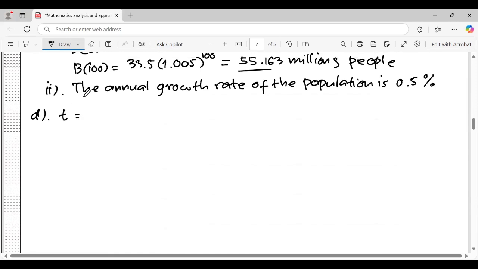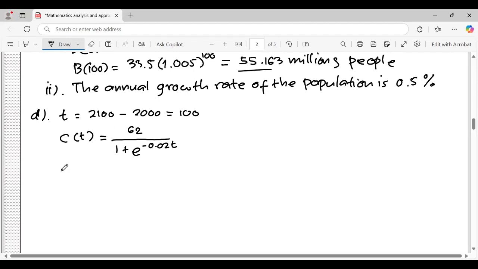I'm going to find t first: 2100 minus 2000 equals 100. According to the information, the C model is 62 over 1 plus e to the power minus 0.02t.